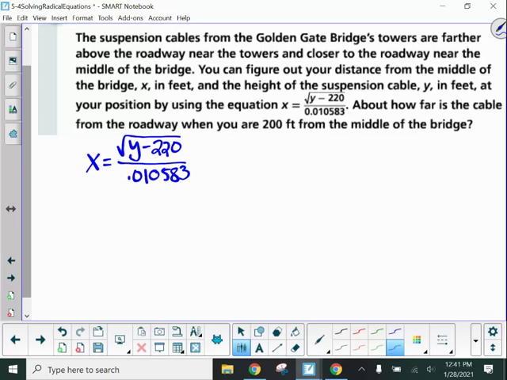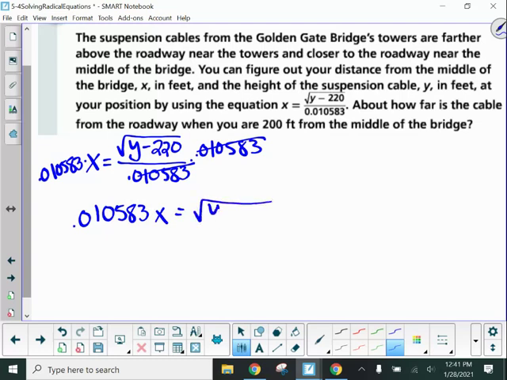Since I have a fraction, the first thing I need to do is get rid of it. I multiply both sides by the denominator, so I have 0.010583x is equal to the square root of y minus 220.